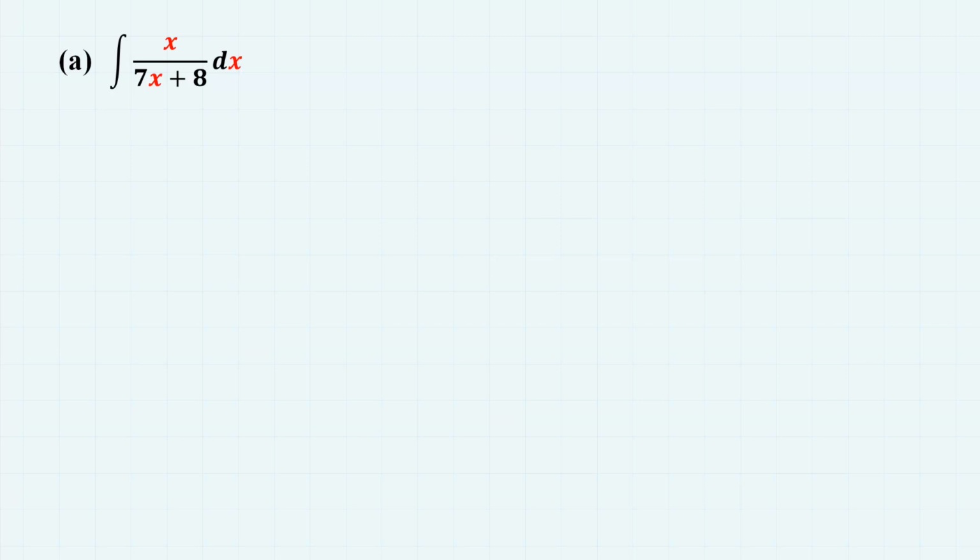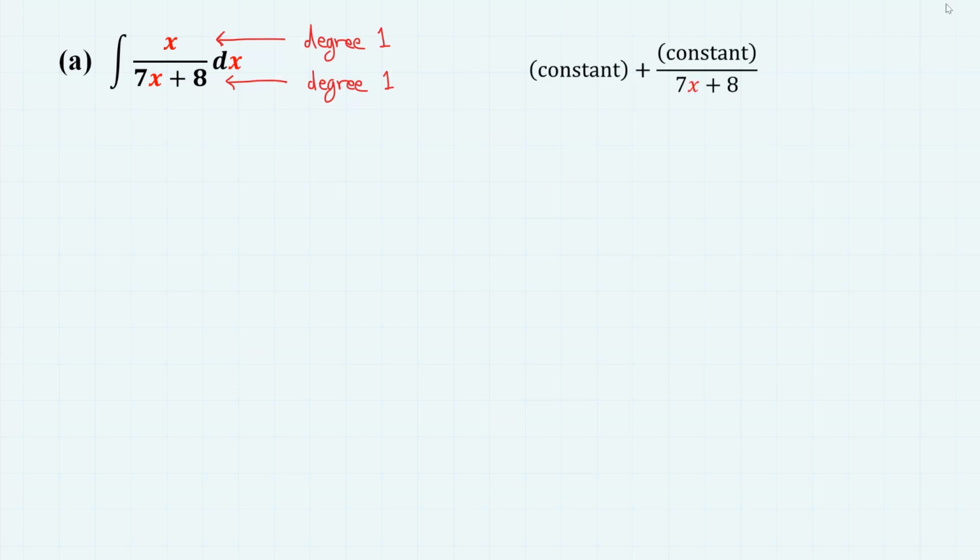As for the first problem, we have integral of x over 7x plus 8. Notice that the numerator is of the same degree as the denominator. Therefore, we split the integrand into constant plus constant divided by 7x plus 8 form, which are two functions that can be easily integrated.